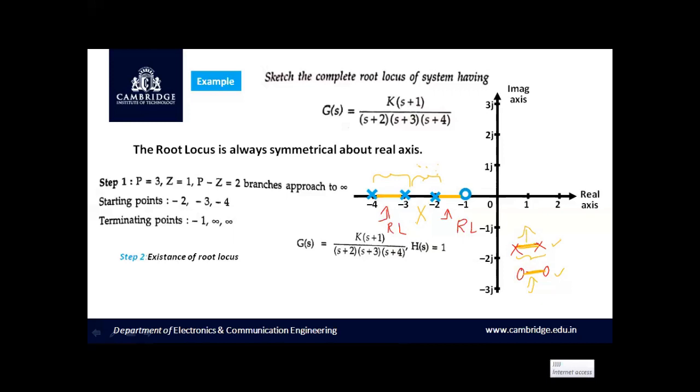And these two adjacently placed poles are in the region of root locus. Therefore, there exists a minimum of one breakaway point in this region. So we have predicted in this case that there exists a minimum of one breakaway point between -4 and -3. Let us justify this in the coming steps.